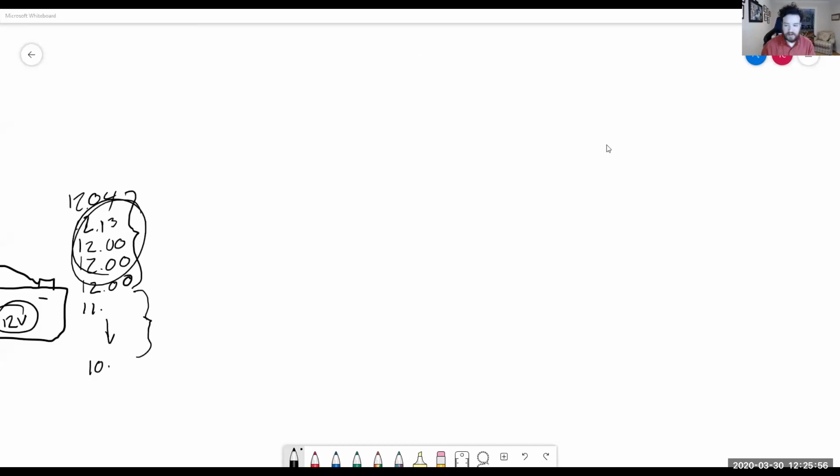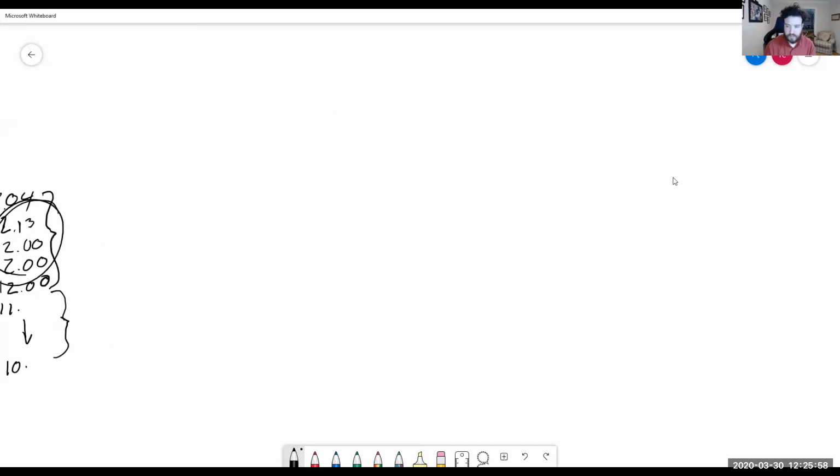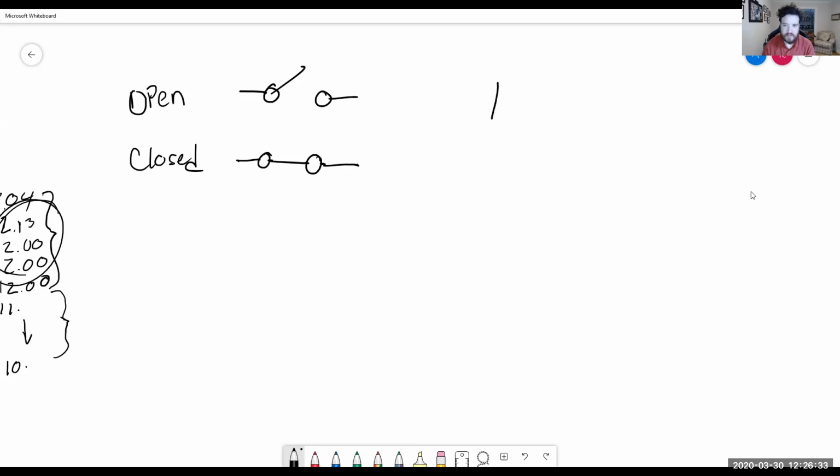A couple of terms right there that we need to hit on. We have open and closed. Right here, that is the open position for a switch, and that is the closed position of a switch. Along the same lines, these are both symbols, just like this is the symbol for a battery.